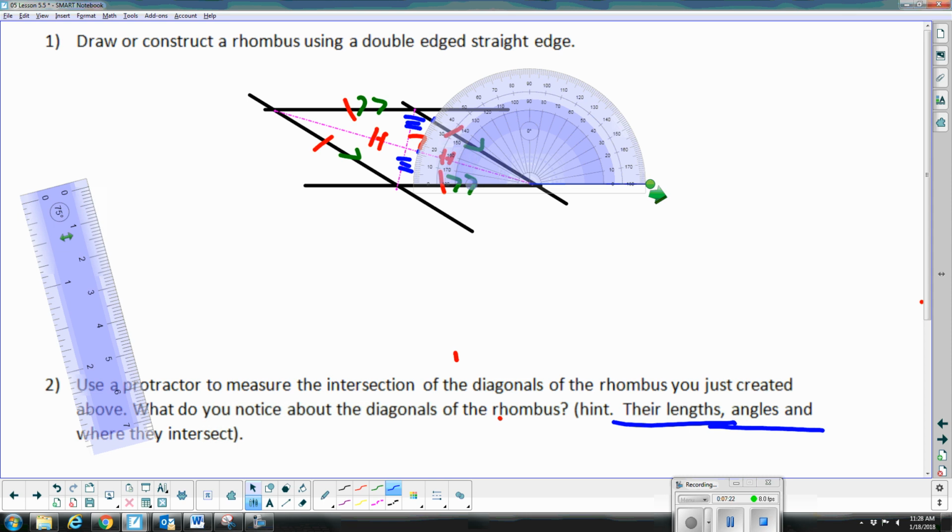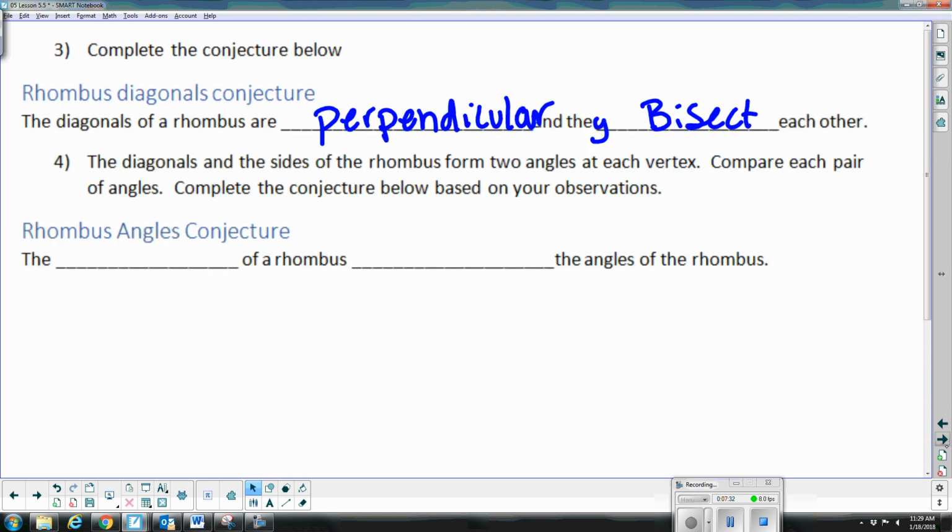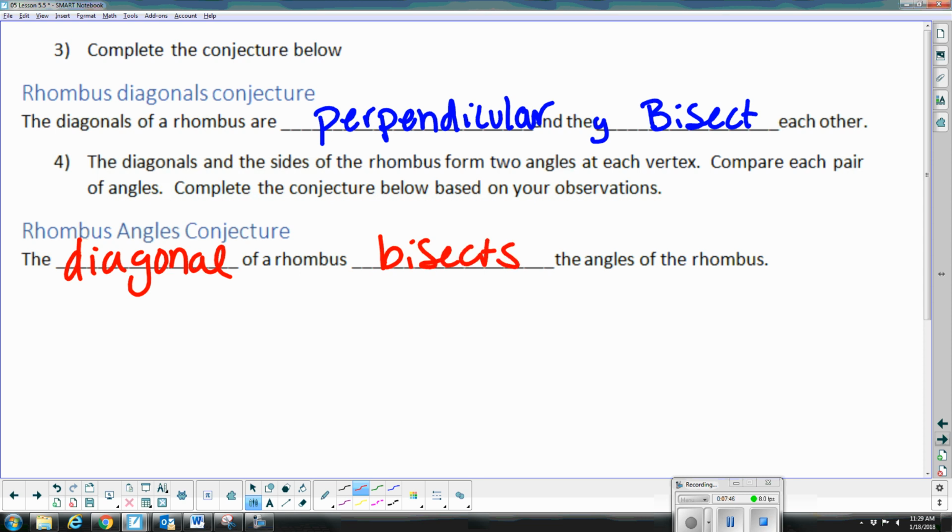So what conclusion can I draw here? You can measure all of those angles, and you're going to find the same thing: that diagonal bisects each of my angles. So the diagonal of a rhombus bisects the angles of the rhombus.